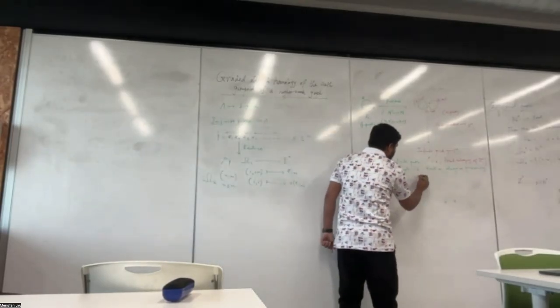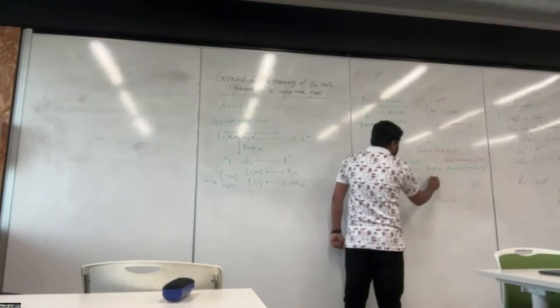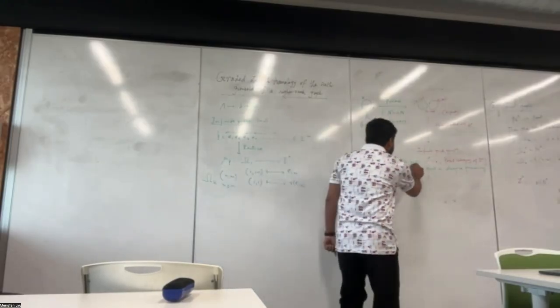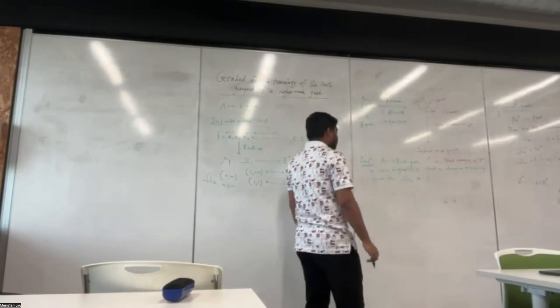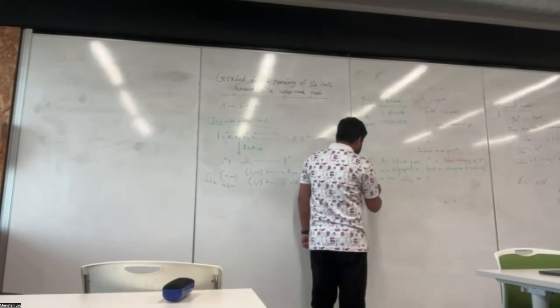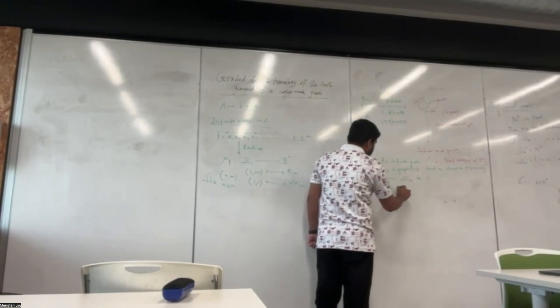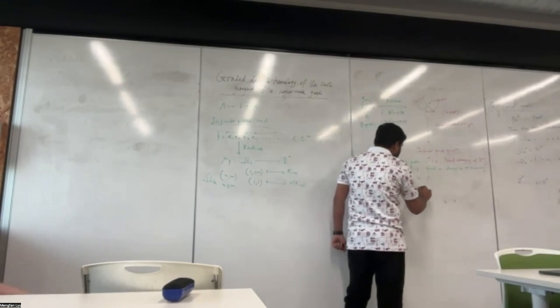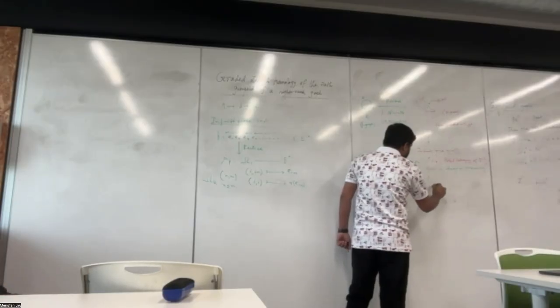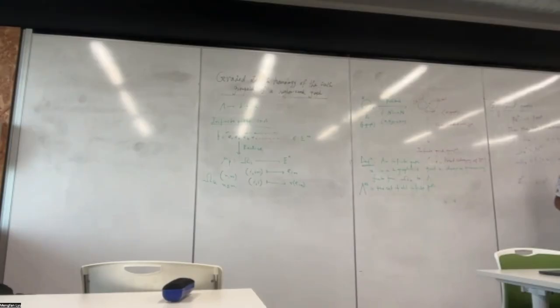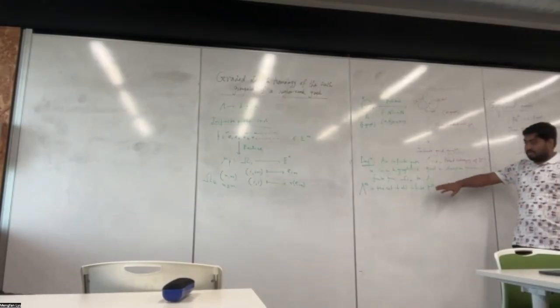That means omega k to lambda. This is the definition of an infinite path, and I denote by lambda infinity the set of all of them. So this will be my topological space.